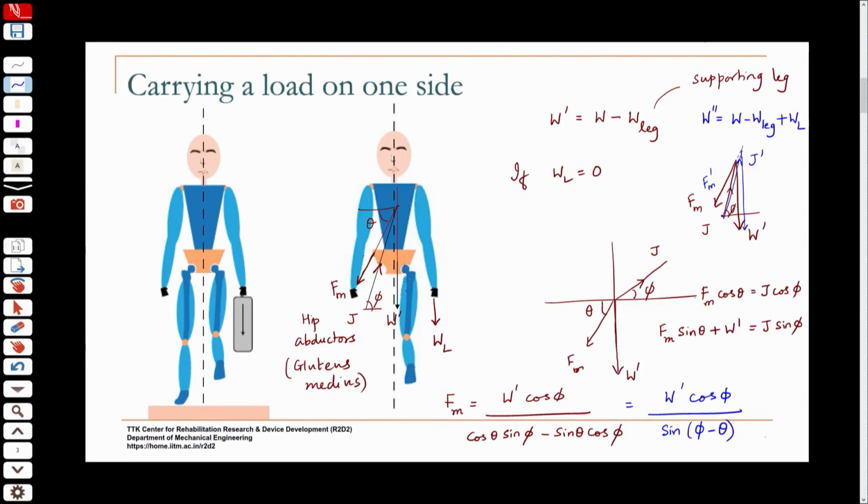The overall effect, because W dash has also increased now, the numerator has increased, so any offset in the cos phi will not compensate for the increase in the W dash. So overall, when you carry a load, this is the reverse effect of using a cane.